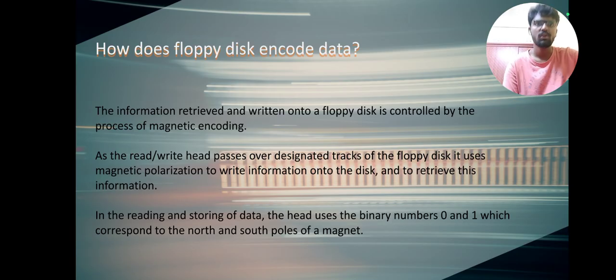How does a floppy disk encode data? See, the information retrieved and written onto a floppy disk is controlled by a process of magnetic encoding.